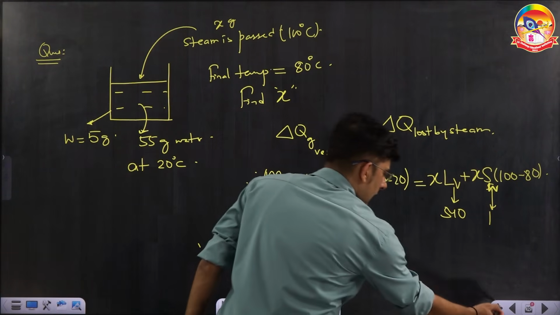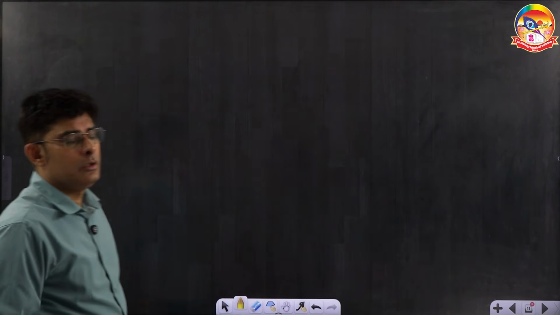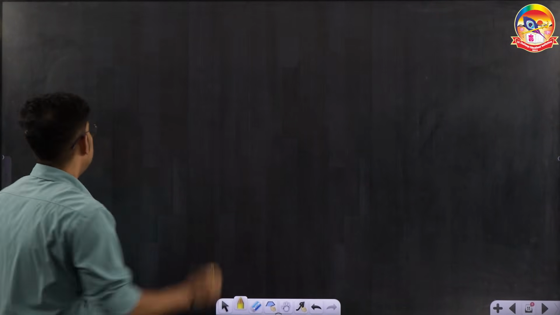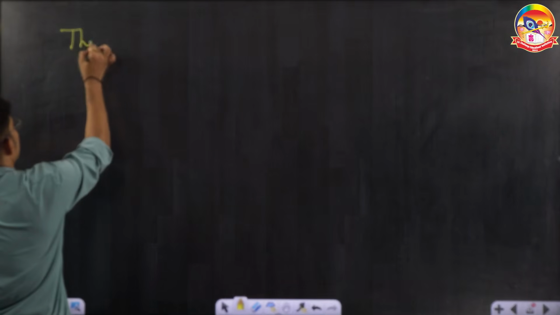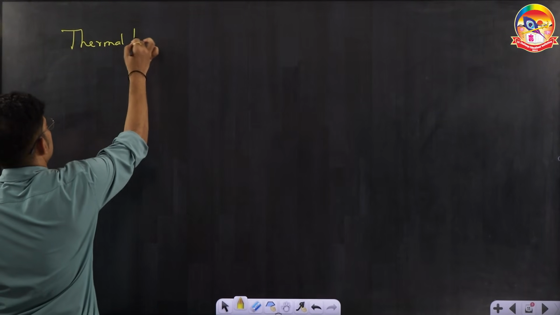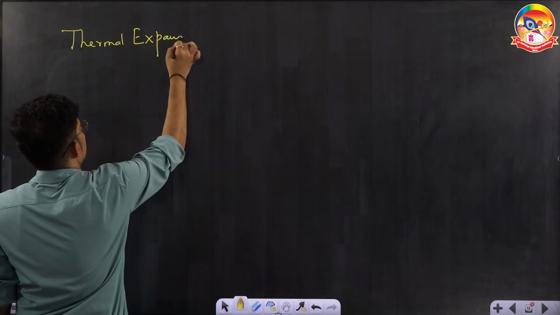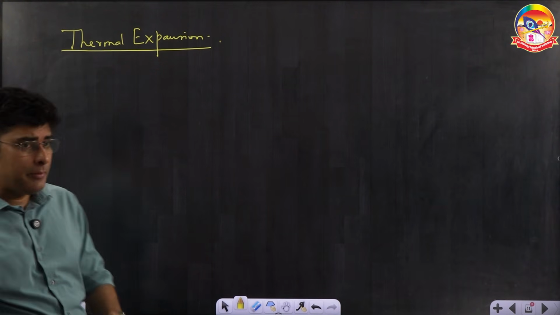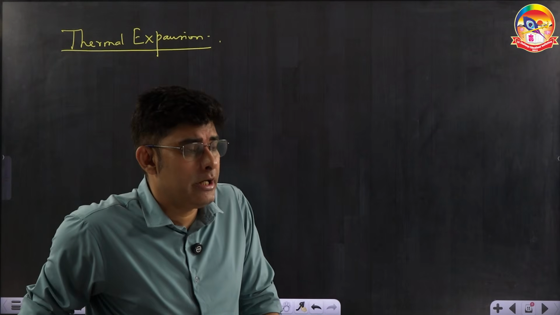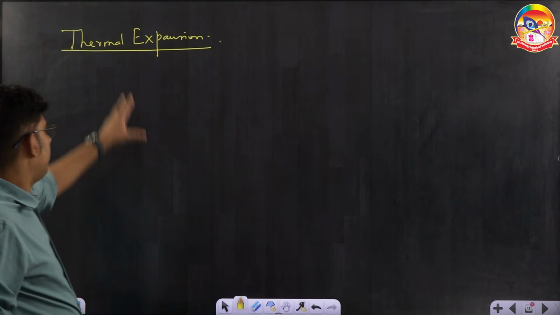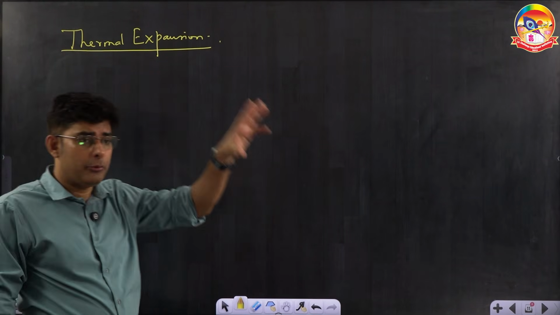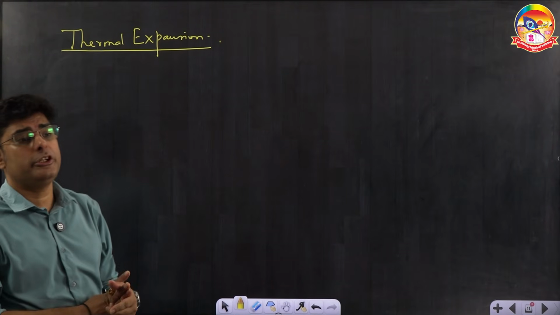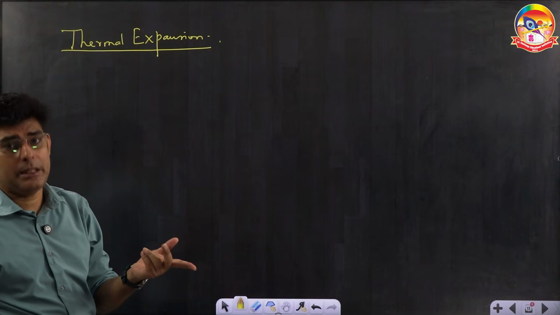So after this, let's move to the next section, which is thermal expansion. Now in thermal expansion questions, you need to be aware of whether solids, liquids or gases are given. In solids, thermal expansion is very small, so we use concepts like binomial approximation.